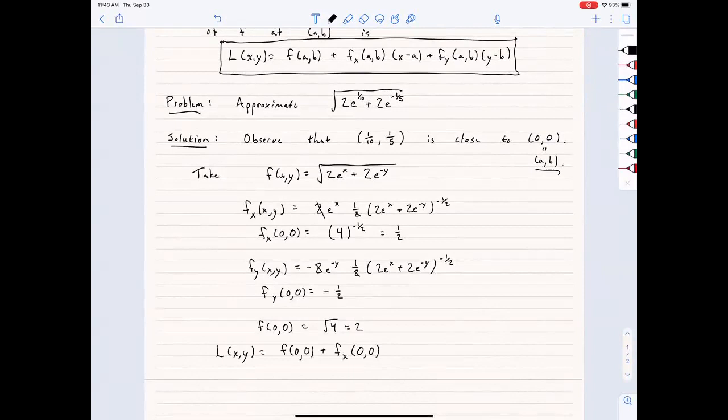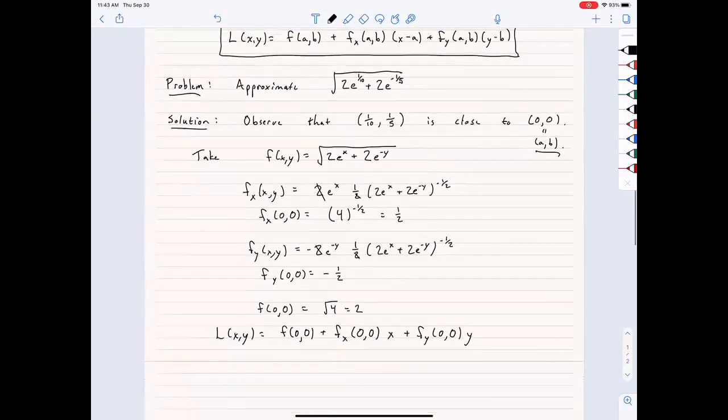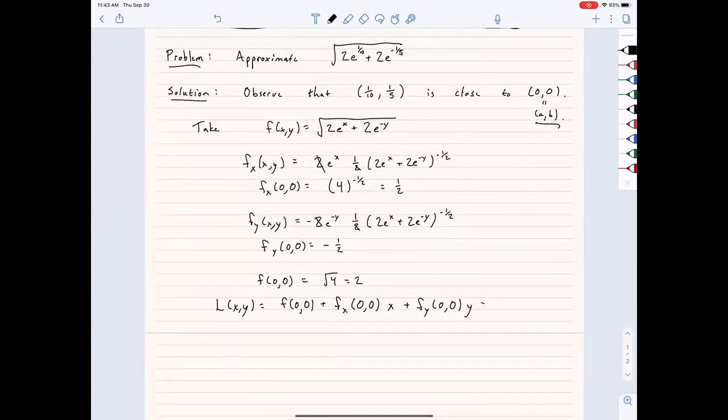Again, a and b are both 0, so x minus a is just x, and y minus b is just y. And so this is going to give us 2 plus 1/2 x minus 1/2 y.